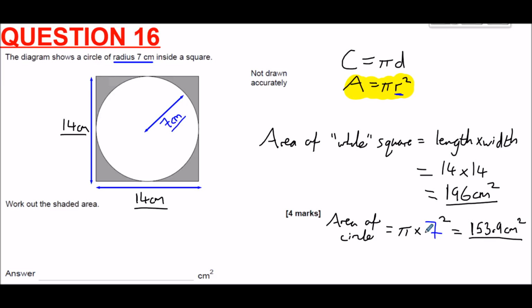And so the shaded area will just be the area of the whole square, which is 196, subtract the area of a circle, which is 153.9. And the difference will just be whatever's left around the outside.